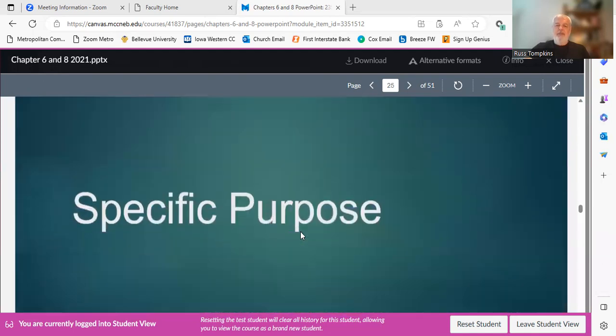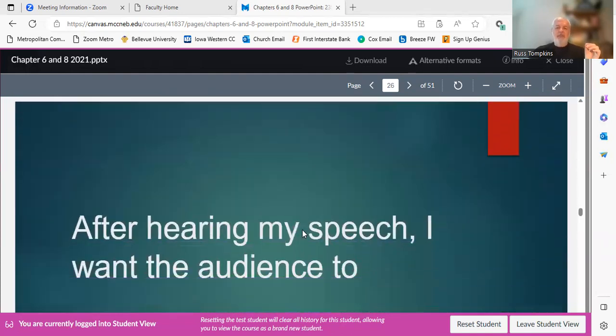The third thing that you need to think about is your specific purpose. We generally know we're going to give information about Ernest Hemingway, but specifically, what things are you going to talk about in this speech? And you can do this in one sentence. You can include different things in that one sentence, but all the sentences should begin the same.